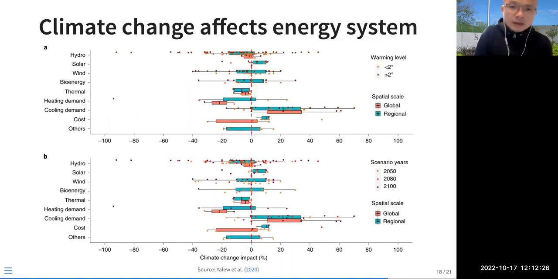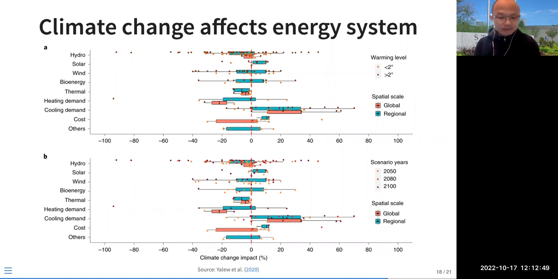Lastly, I want to spend a few minutes on how it's not just that energy creates emissions and concentration, and concentration has an impact on the climate. That's the logic from energy to climate, and the climate also impacts our energy system.